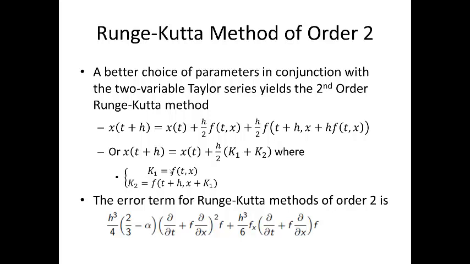And the error term for the Runge-Kutta method is given in the last bullet, and none of the second order Runge-Kutta methods is widely used on large computers, because the error is only O of h cubed. So you can see we do two evaluations there.